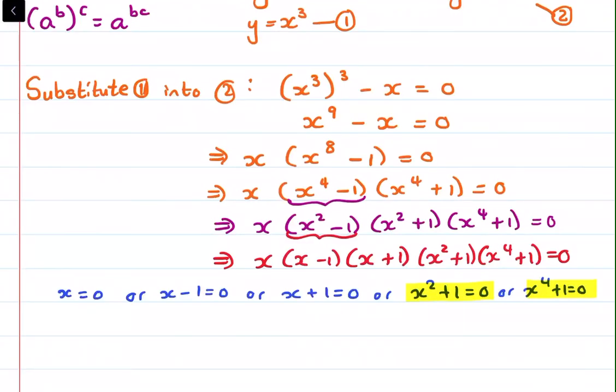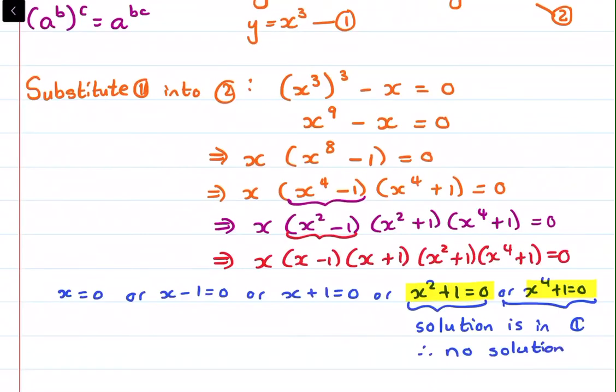So therefore, we consider this one and this one as, so I'm going to write here that the solution is in the complex plane. Remember that that's the C that we write. So therefore, no solution. Remember that you have to conclude. The fact that I'm saying that the solution is in the complex plane is me saying that I already have some knowledge about complex numbers.